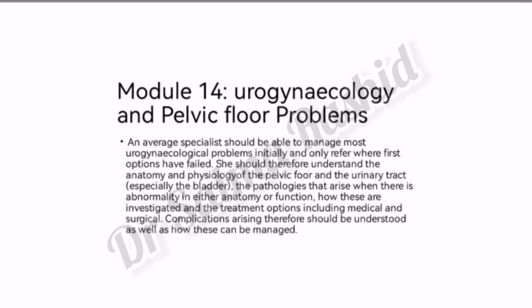She should therefore understand the anatomy and physiology of the pelvic floor and the urinary tract, especially the bladder, the pathologies that arise when there is abnormality in either anatomy or function, how these are investigated, and the treatment options including medical and surgical. Complications arising therefore should be understood as well as how these can be managed.